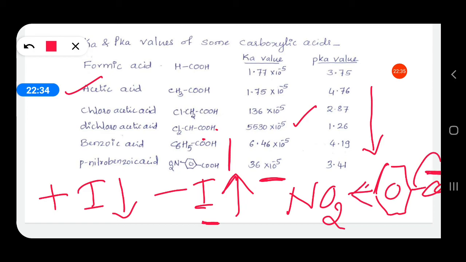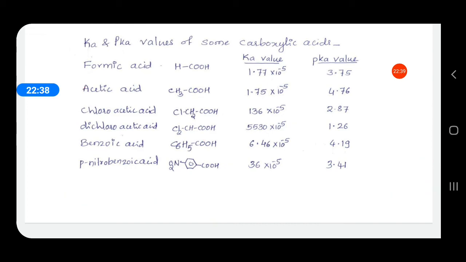So as electron withdrawing groups are present, the acidity of carboxylic acids increases. See the example in benzoic acid and para-nitrobenzoic acid. Due to the presence of the nitro group, the acidity is increased because the nitro group is an electron withdrawing group. So it helps the stability of the carboxylate ion.